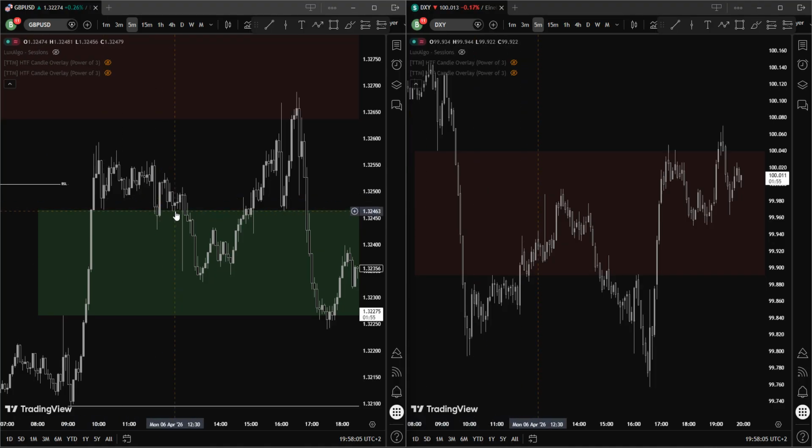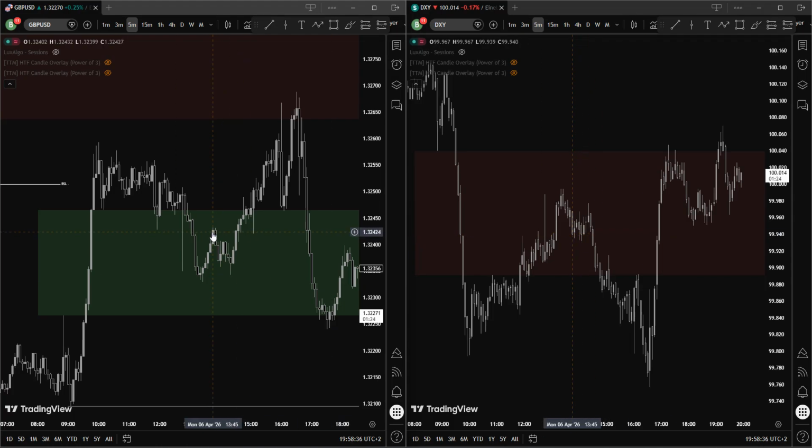And here we have SMT. We're showing strength in the pound dollar and distribution in the Dixie, but still here there isn't an inverse, and we can't enter, and then price falls down again, and here it makes an inverse. Guess what happens in Dixie at the exact same time? We get an inverse also.